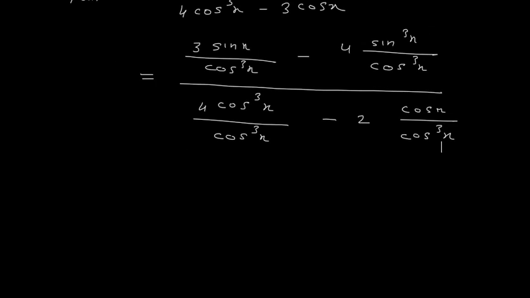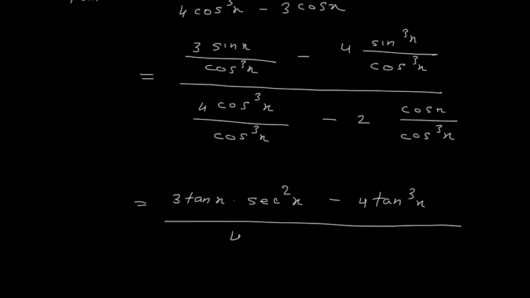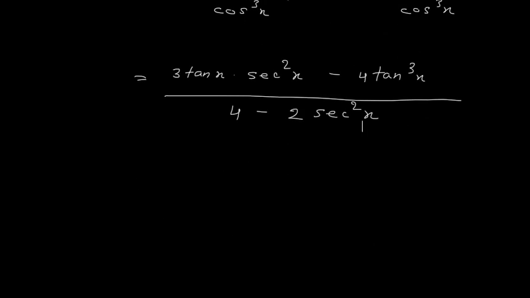Now in numerator you have 3, sin upon cos is tan, so 3 tan x. So 1 cos is used for tan and then cos square x, 1 upon cos square x you can write as sec square x. So 3 tan x into sec square x minus 4, okay, sin cube x upon cos cube x is tan cube x, so 4 tan cube x divided by, here it is 4 minus 3 sec square x, right? 1 cos term cancels, so 4 minus 3 sec square x.